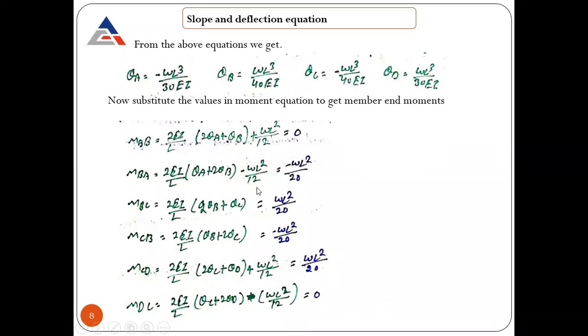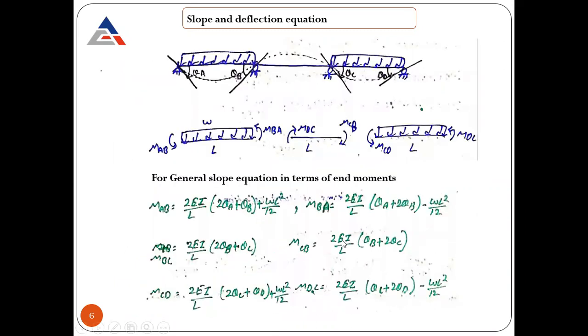Now, can anybody tell me why these MAB and MDC are coming out to be 0? Basically, why are these values coming 0? If you see the beams, let me go to the beam slide. This is the beam, fine.